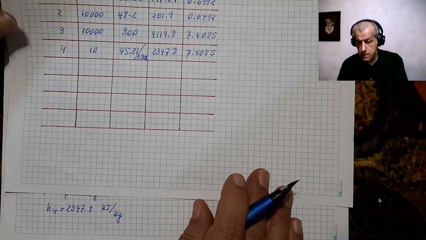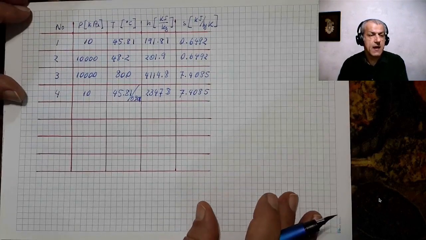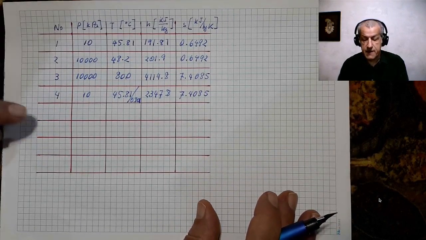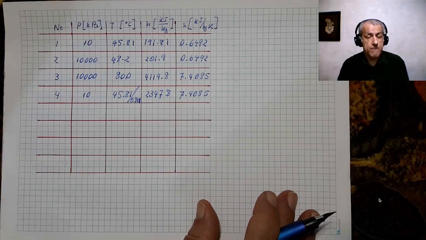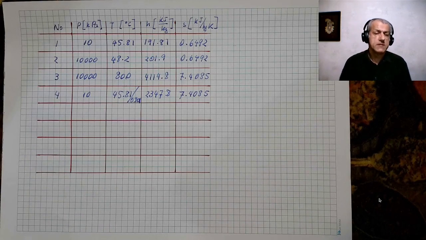And this basically fills our table. I have kept a few extra lines. I would fill them in my next problem. But at least for this problem, we have all the points for the cycle.